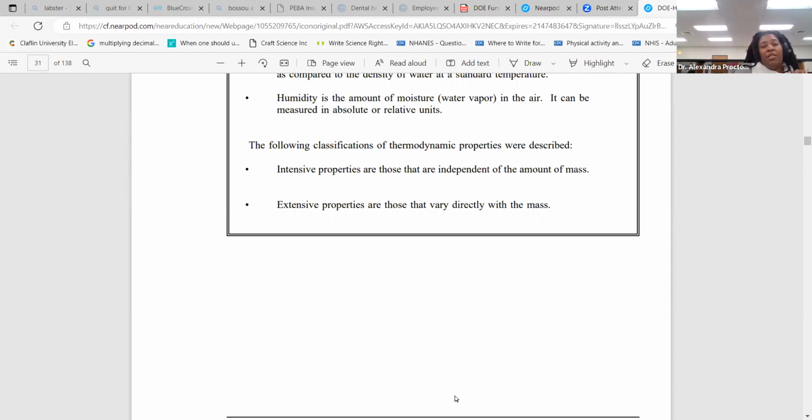So if you make a crib sheet, the only thing you would add to this summary is not only what those intensive and extensive properties are, but also any equations that you saw. All right, so we'll pause here so that you guys have the opportunity to do that.